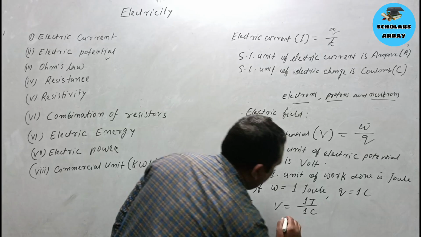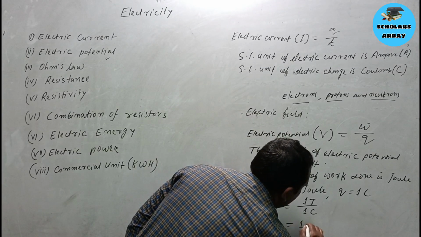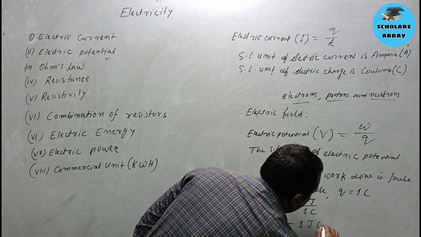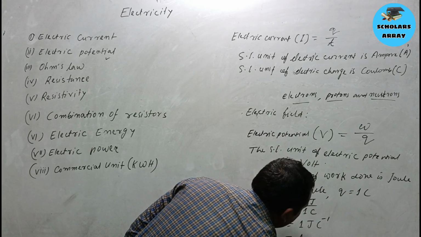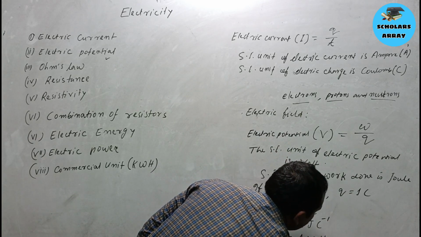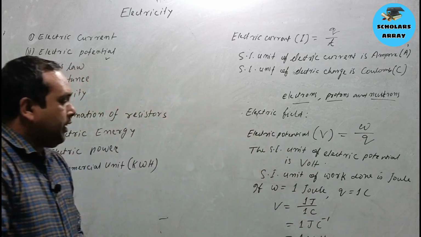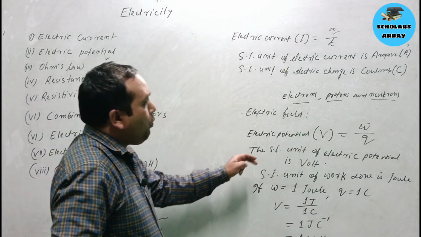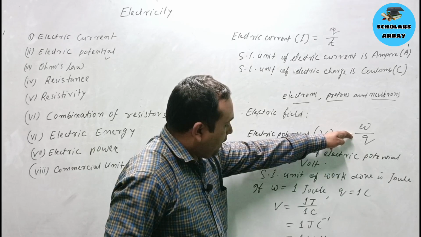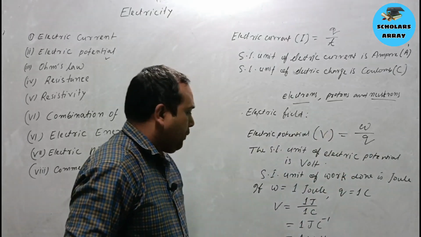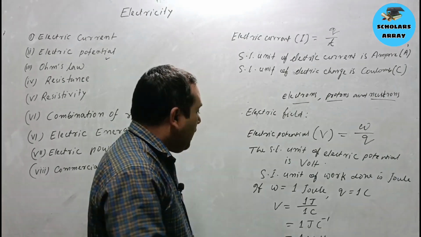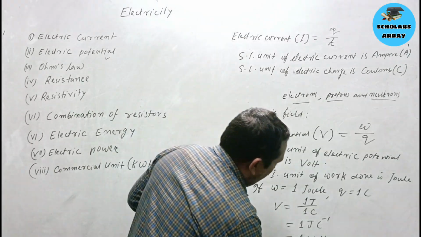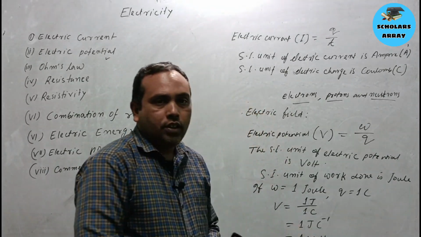That will be equal to 1 joule per coulomb. This is equal to 1 volt. Means what? If 1 volt work is required to bring a unit positive charge from one point to another point, then the amount of work done will be called 1 volt.